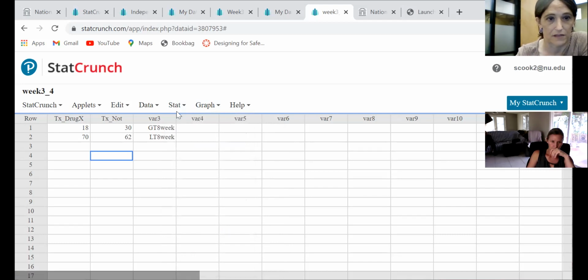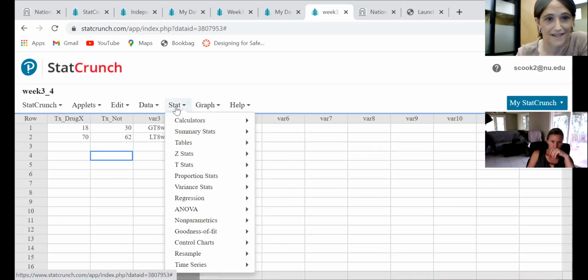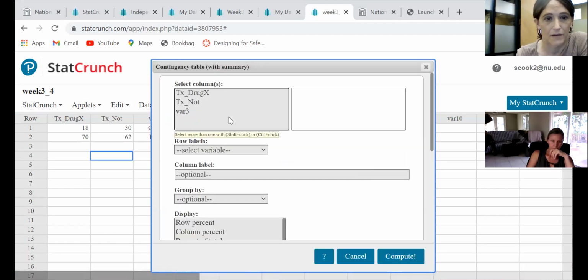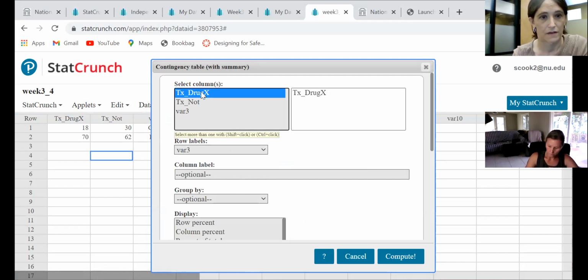It's really touchy, isn't it? Tables, Contingency, With Summary. So like I said, my row is going to be my variable 3, which is just the labels. And then I'm going to do treatment. And then I'll hit Next.